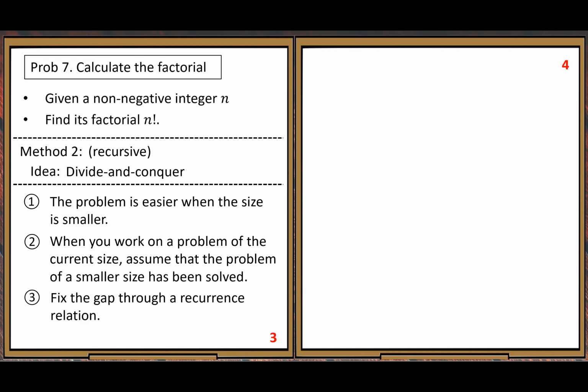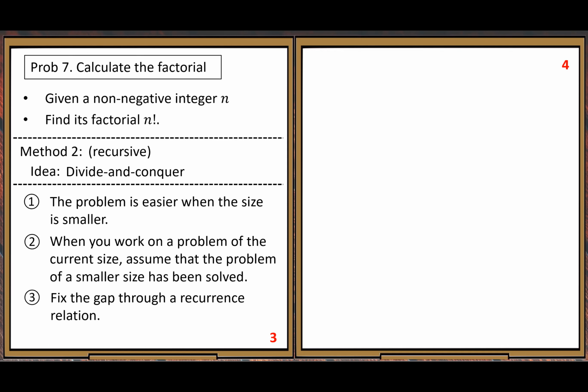Number 3, fix the gap through a recurrence relation. Because between the smaller size and the current size there is a gap. How to fix that gap?